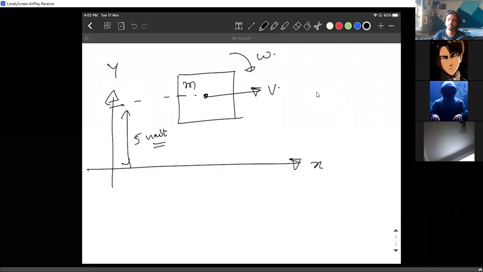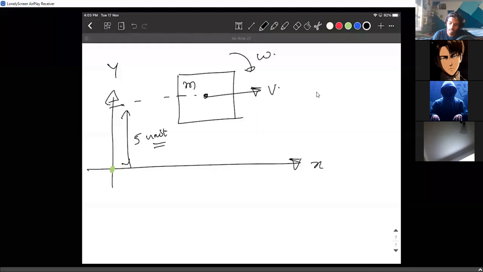Mass is m. I want the angular momentum of this body about the origin. How are you going to write it? Can somebody raise your hand and tell me the answer? Anybody is appreciated. No? Guys, it's easy, right?